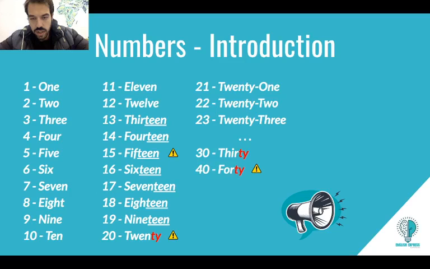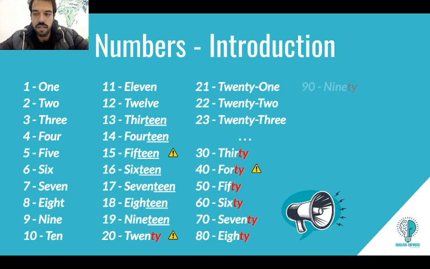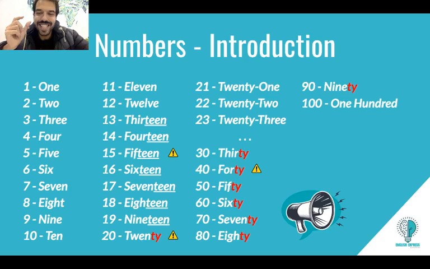So we have 40, then we have 50, we have 60, we have 70, we have 80, we have 90, and we have 100, right? So all the numbers 20, 30, 40, 50, 60, 70, 80, and 90, they have the same ending. So they finish with T, right?